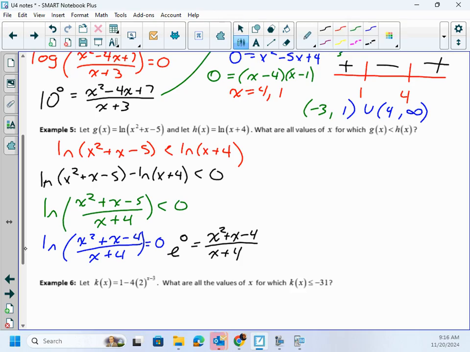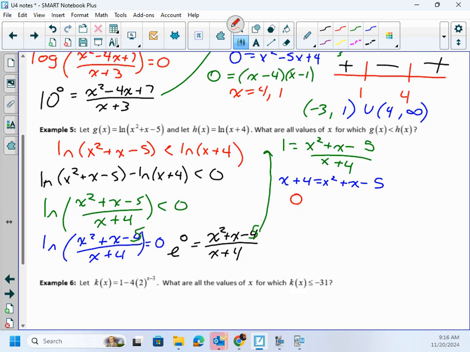E to the 0 is 1. So 1 equals x squared plus x minus 5 over x plus 4. I changed to 4 for some odd reason. Multiply both sides by the denominator. So x plus 4 equals x squared plus x minus 5.